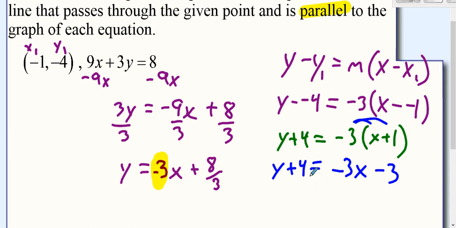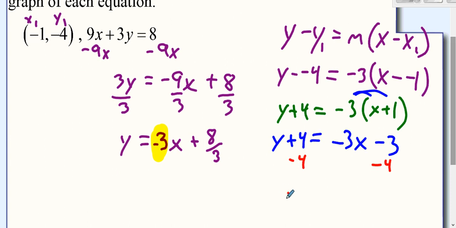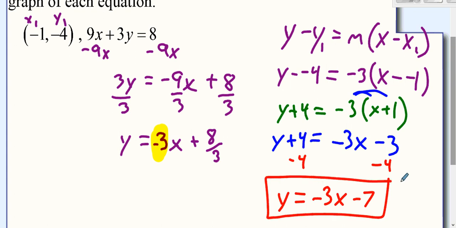And then finish it off by getting the 4 onto the other side, so -4. So it's got the same slope, different y-intercept, because that's what it means to be parallel.